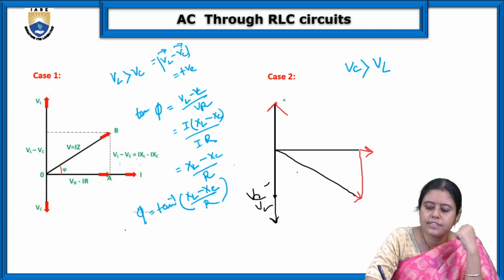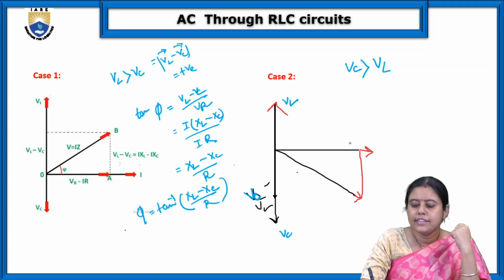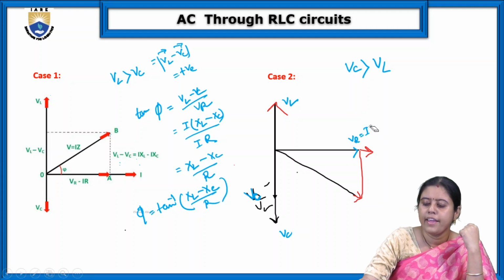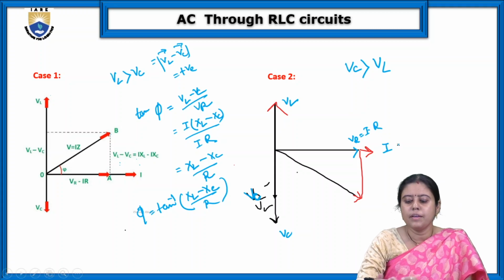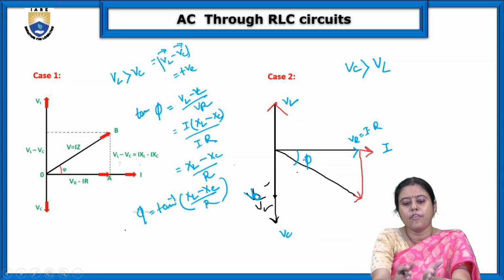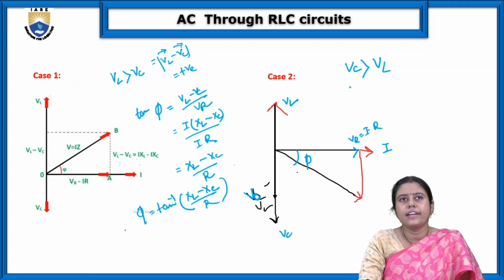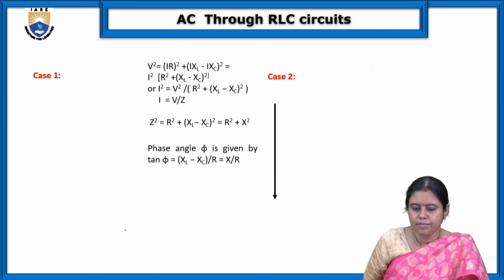If this is our VL and this is our VC, this is VC minus VL, and this is VR equal to I into R, and this is our current I. So this diagram will come in the negative side.